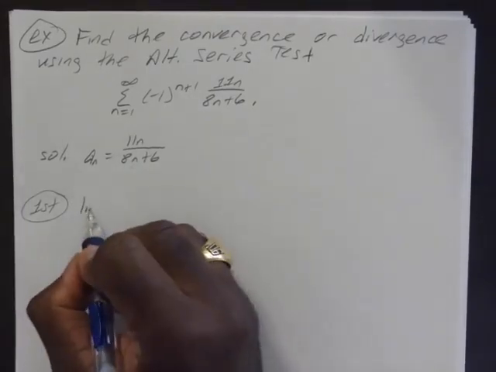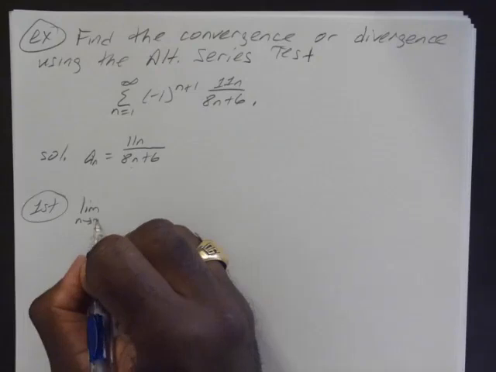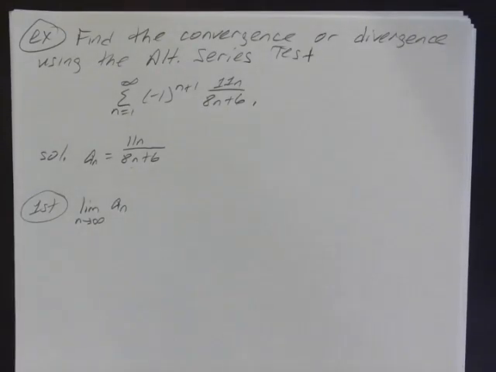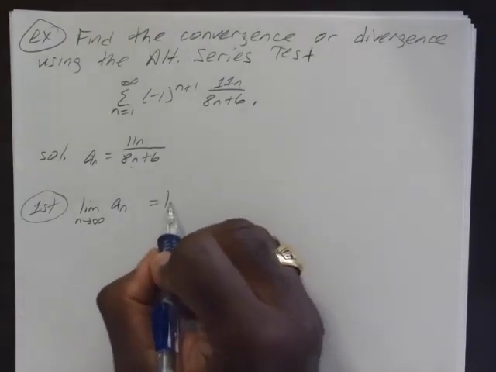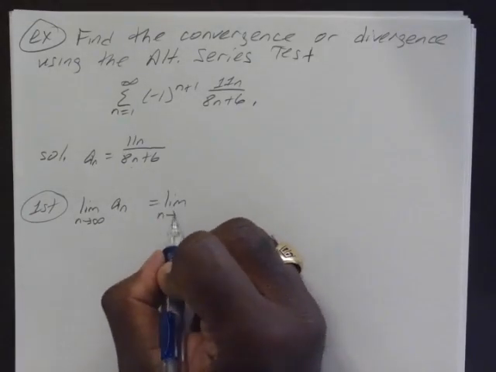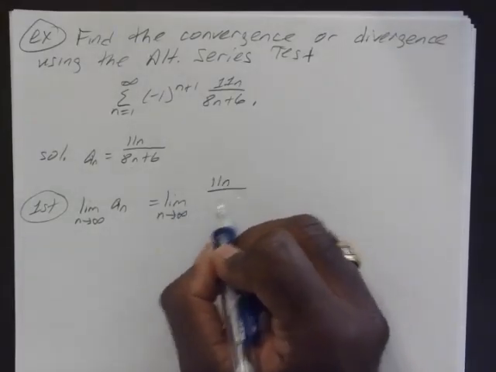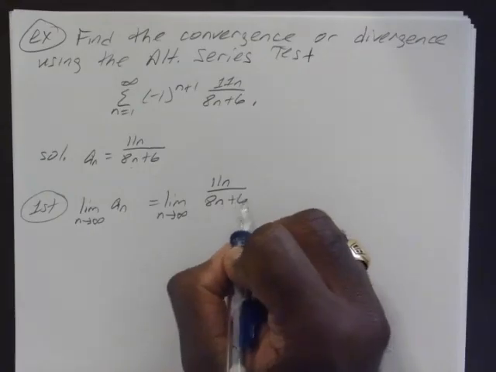So we take the limit as n approaches infinity of our a sub n, which is the limit as n approaches infinity of 11n divided by 8n plus 6.